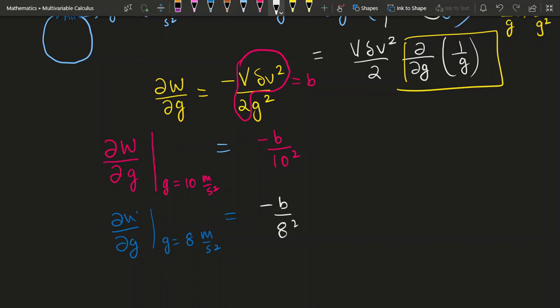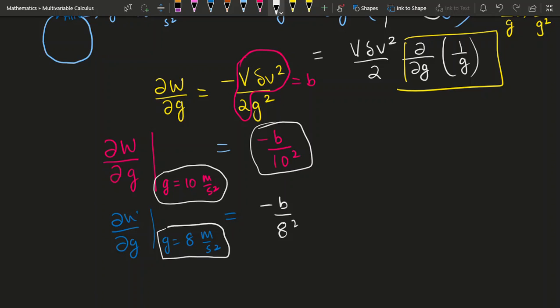So if you analyze it, if you increase g at the position on Earth from where you're launching, your work changes by this much. And if you change g at 8 meters per second squared, the point in outer space, your work changes by this much.